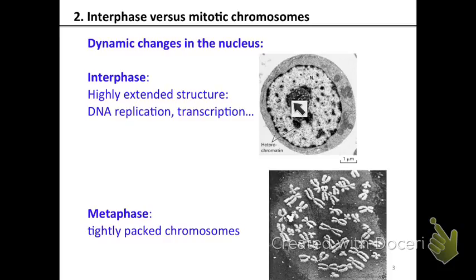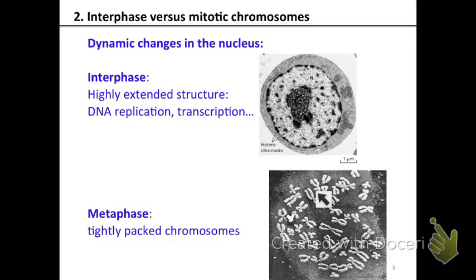And one thing that you might notice is that you actually cannot see individual thread-like chromosomes, right? And the reason for that is the chromosomes are decondensed during interphase. Interphase is the time of the cell cycle where it's not mitosis, okay?